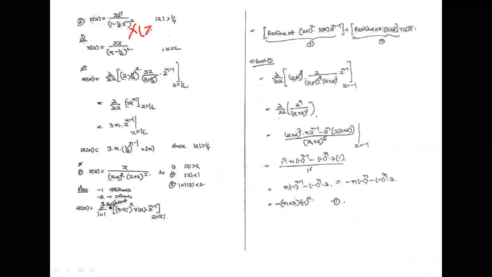X of z by z is equal to a by z minus 1 by 2 plus b by z minus 1 by 2 whole square. So this is the partial fraction expansion method. Again, you can find out the a value and the b value, and you get it directly. But here they're asking to find the inverse transformation by using the residue method.